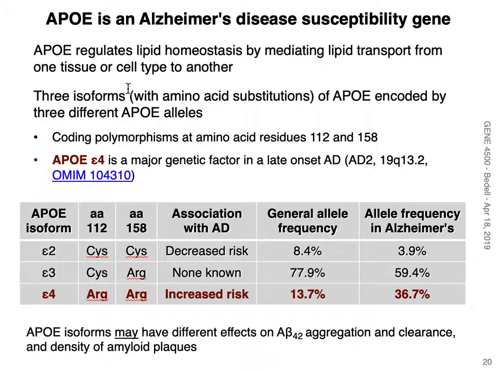If you're homozygous for E4, that's a really high risk. Heterozygous isn't too bad. I'm heterozygous for E4 and E3, and I'm not too concerned about it. If I was homozygous, I probably would be concerned. I don't remember if there's a dosage effect for heterozygous E2 and E3. I do know that homozygous E2 is protected, with much lower frequency of disease.